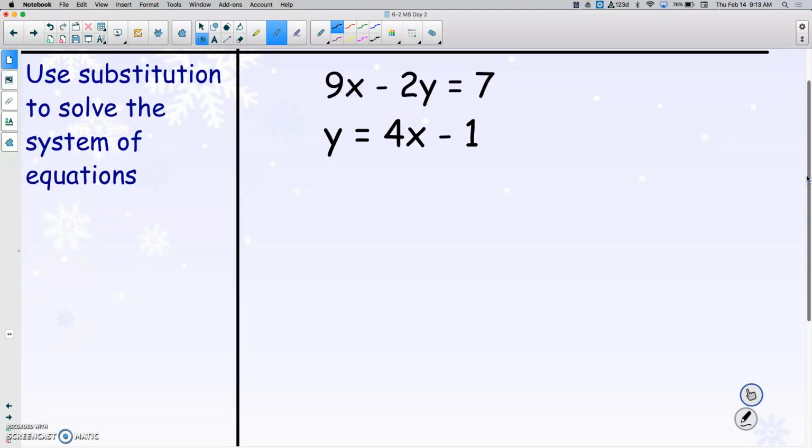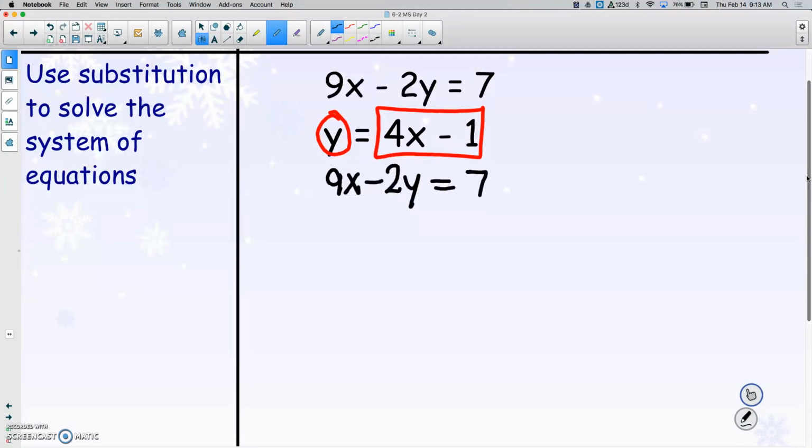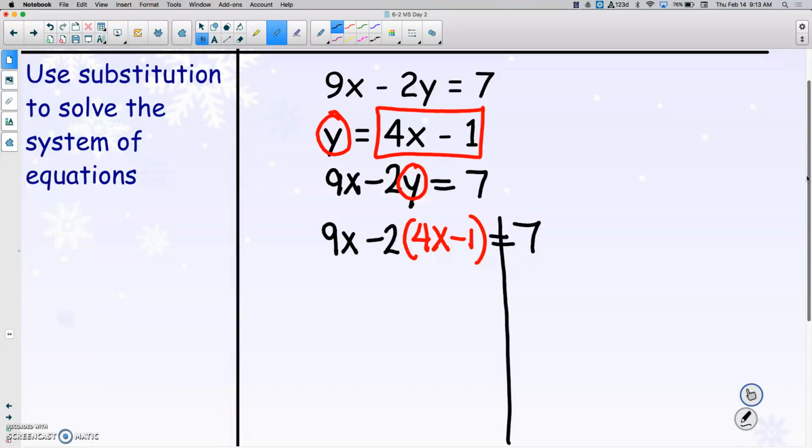Next example, this time the letter y is by itself. It's equal in value to 4x minus 1. So I'm going to rewrite the top equation. We are replacing the letter y with 4x minus 1. 9x minus 2 goes in front of my parentheses, and then equals 7 goes after.